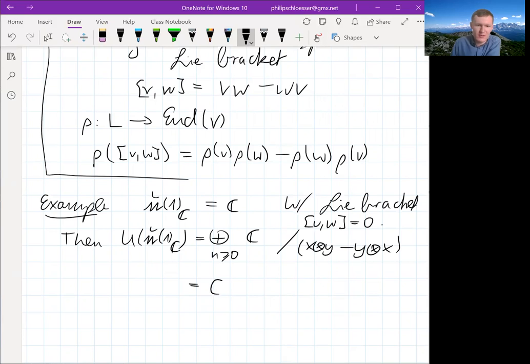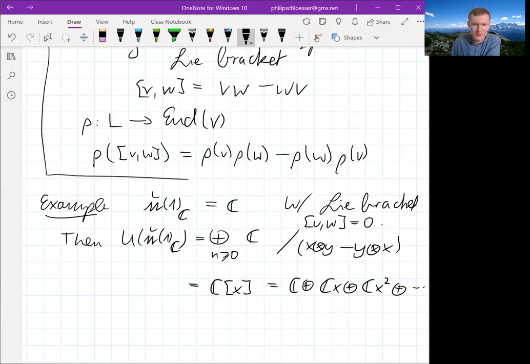But this is now just the polynomial ring in C, because we can write this as C plus C times X plus C times X squared.